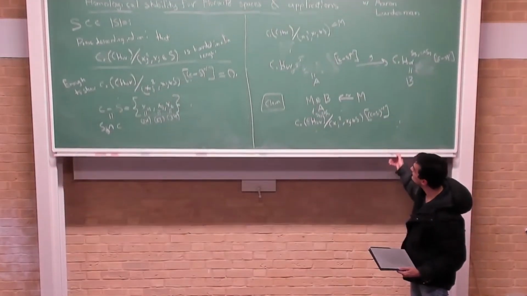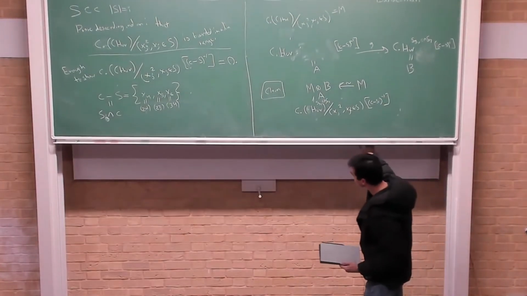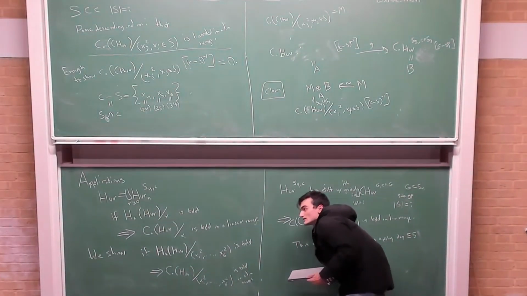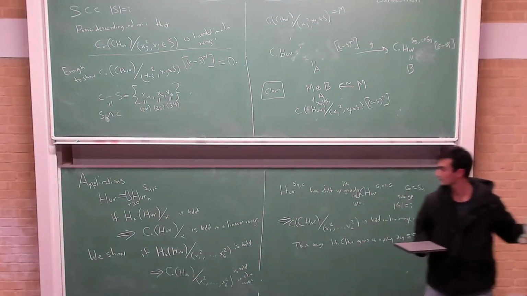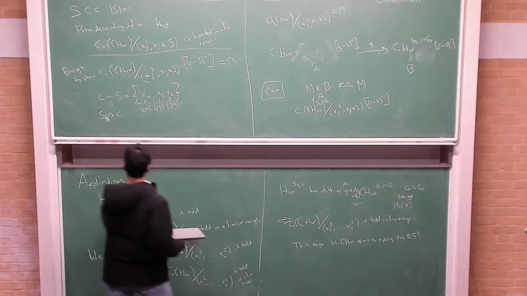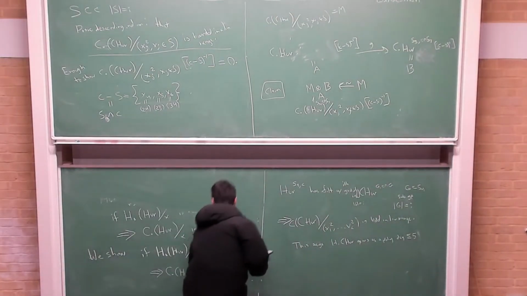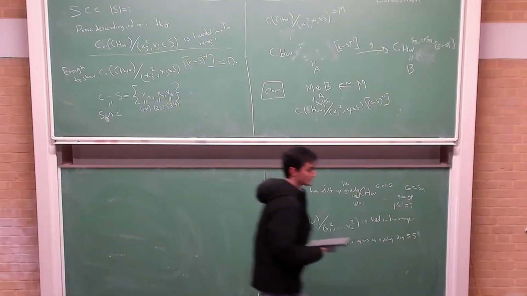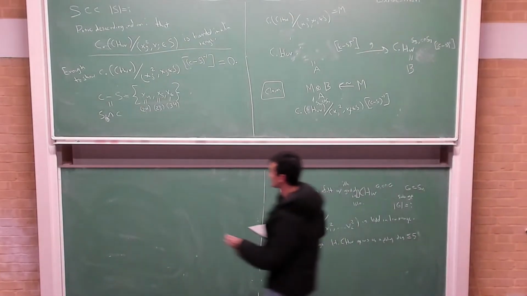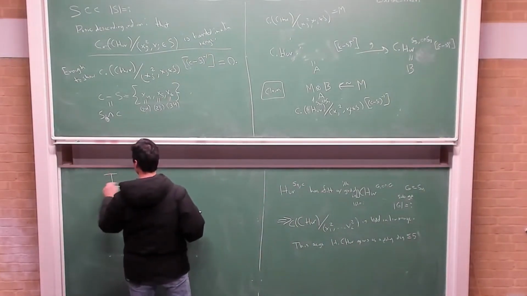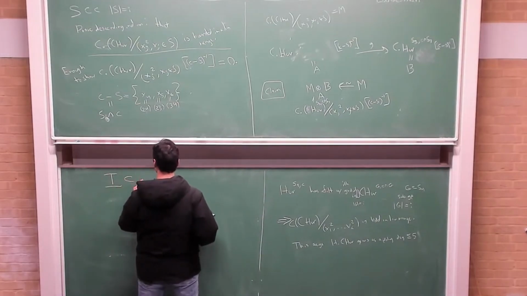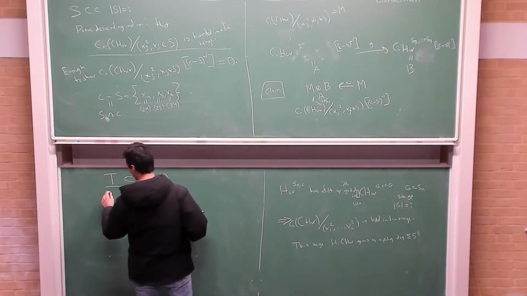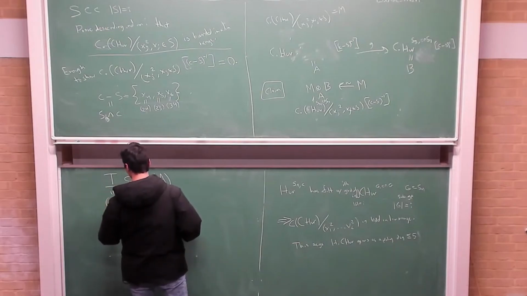And so how do you show this? Here the argument goes via descent. So you prove this via Čech descent. There's this ideal sitting inside of the 0th homology of A, which is the ideal generated by x1, x2, and x3.